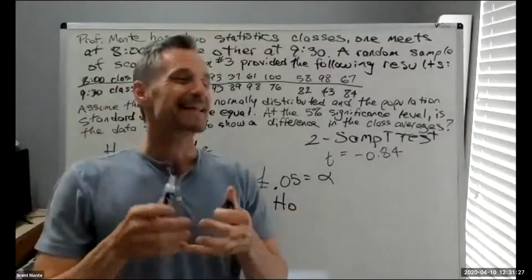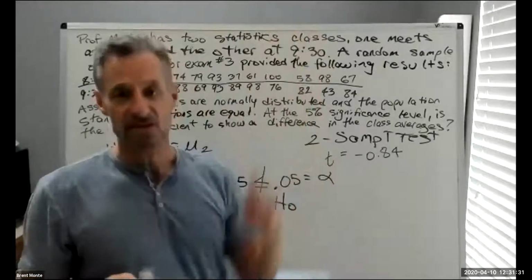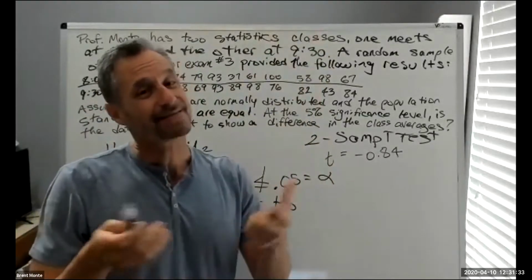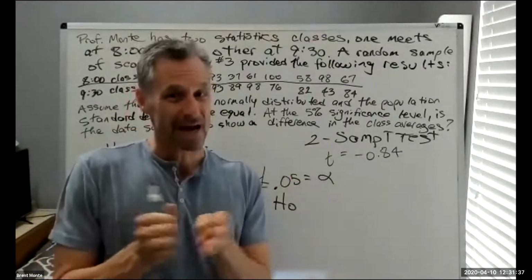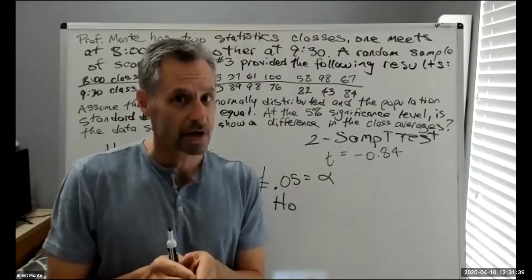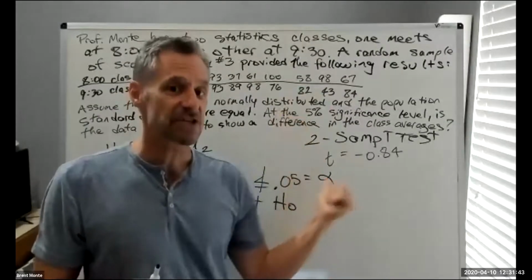In other words, the data is not strong enough to say that this couldn't be just sampling error. So we think, you know what, there's a 41% chance that it is just sampling error that is why I got those sample means so far apart. So I'm not going to reject that. So when I answer the question, is the data sufficient to show a difference?